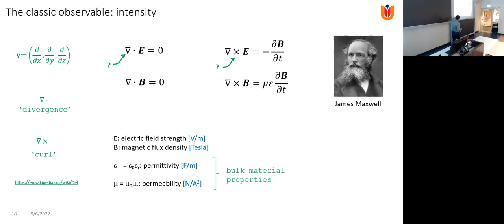The nabla symbol over there is a shorthand symbol for differentiation with respect to space. If you take the inner product of this operator with the field, you get the so-called divergence. You can take the outer product, that would be curl, and you may refer to this wiki page.